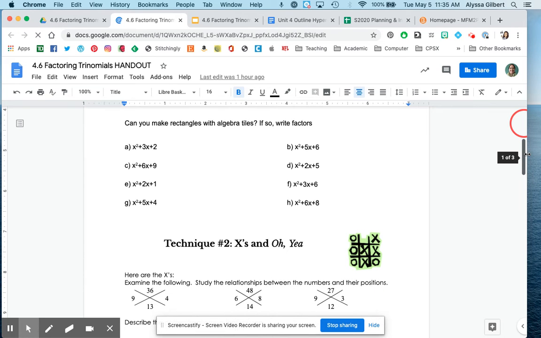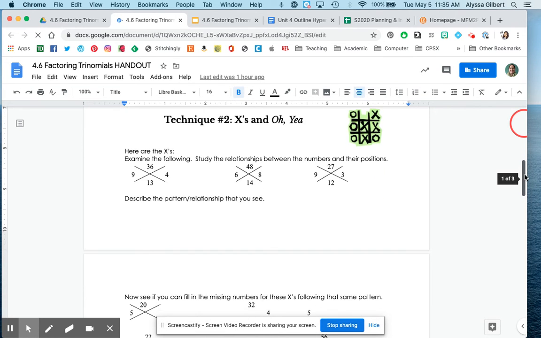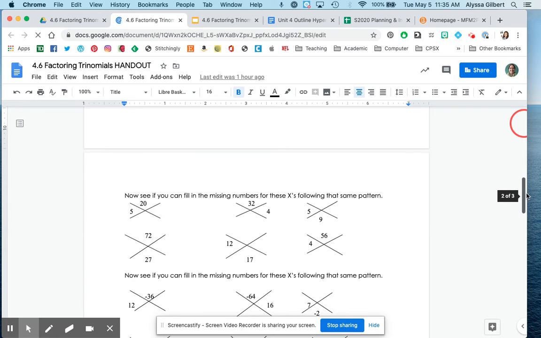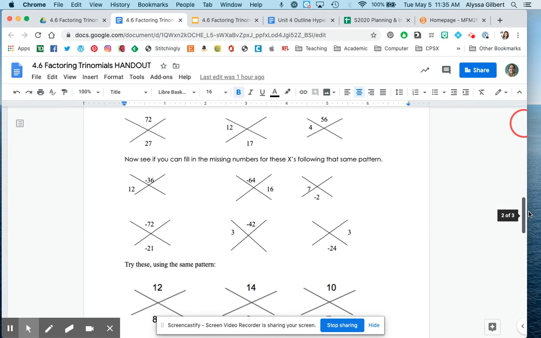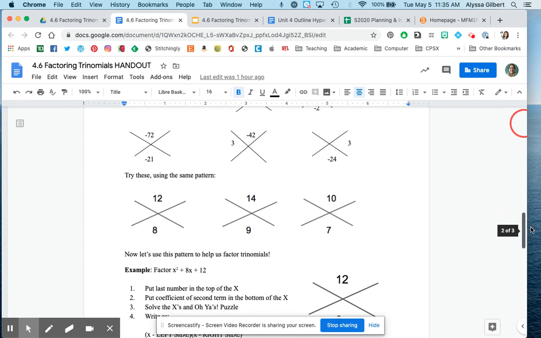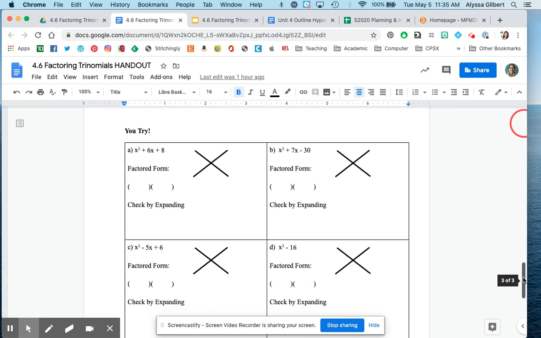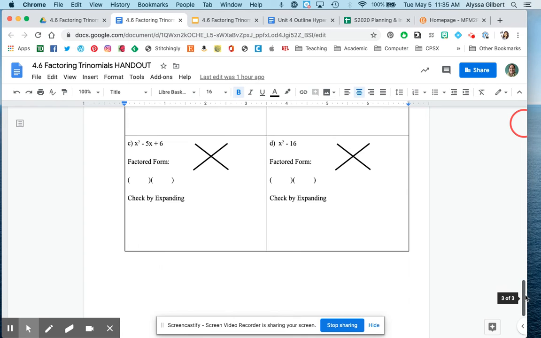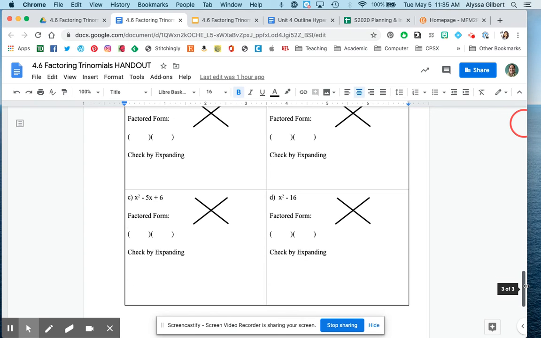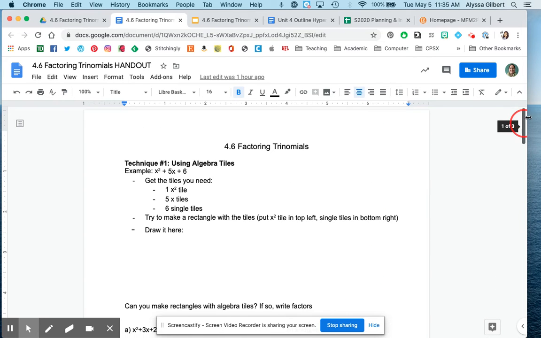There are extra questions on here that are not in the slideshow, but I will post the solutions to these so you can check your answers if you want to do them as extra practice. The You Try questions are at the end of this handout, so the practice questions.